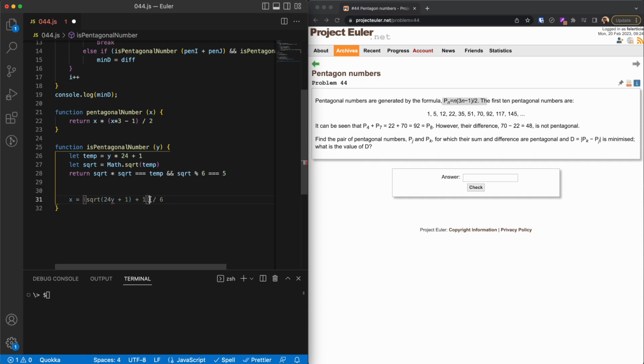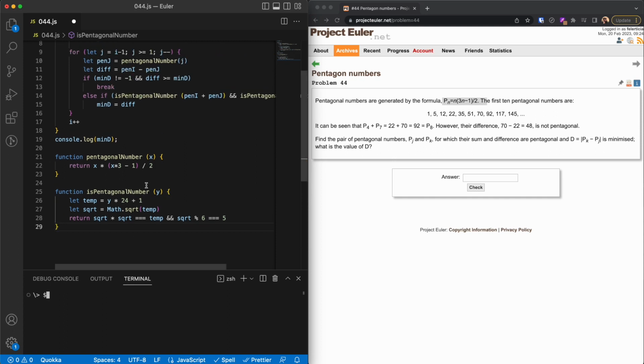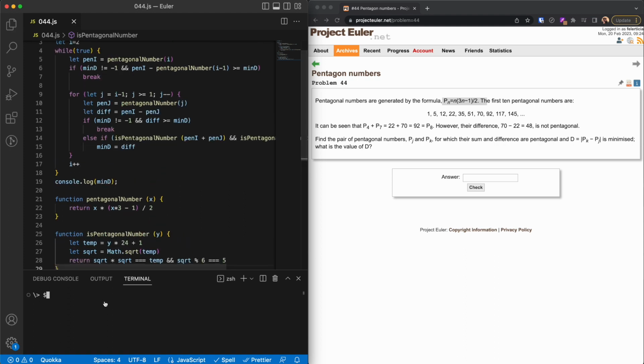So this means that if this part is divisible by 6 and I remove the 1 from it, it will get the remainder of 5 when it's divided by 6. So that's about this part. Let's run it and see.